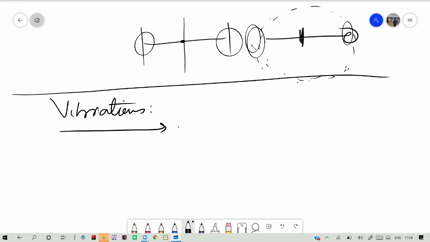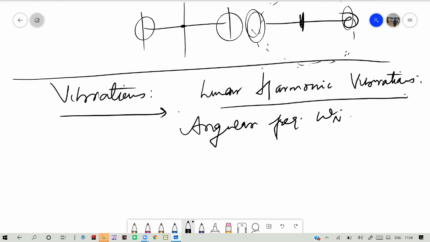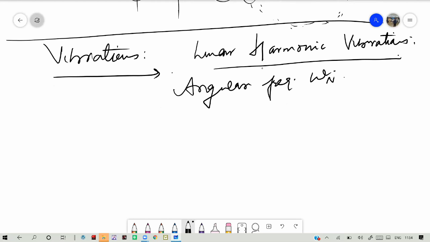Suppose that a molecule is vibrating as a linear harmonic vibrator. The molecule has linear harmonic vibrations with angular frequency omega n, because vibration means the nucleus is vibrating. This is an atom, this is an atom, and each has a nucleus which is very heavy. These are electrons here.